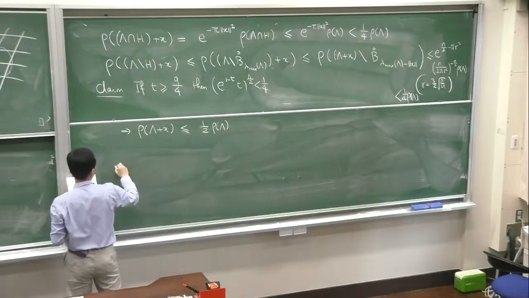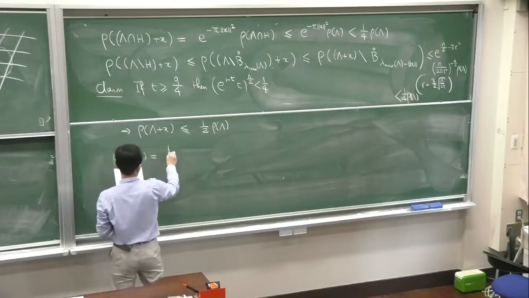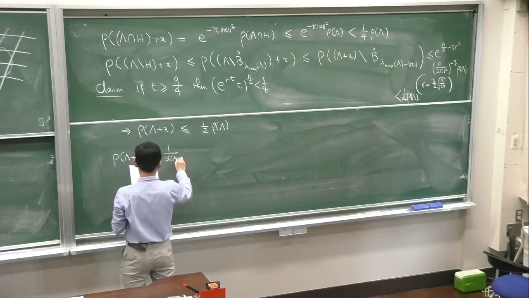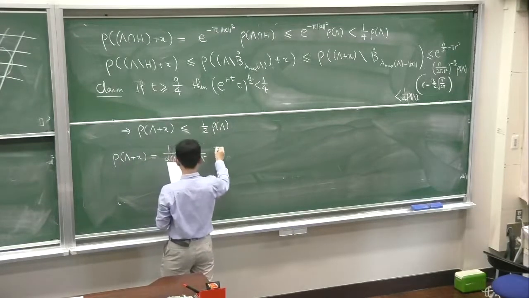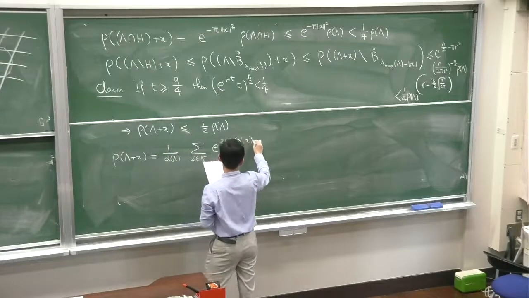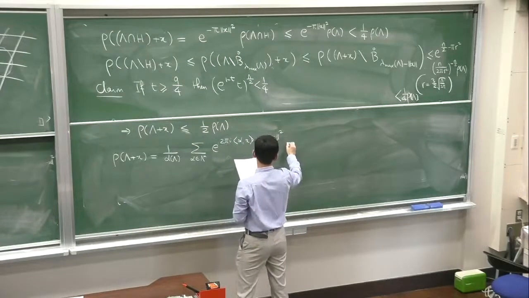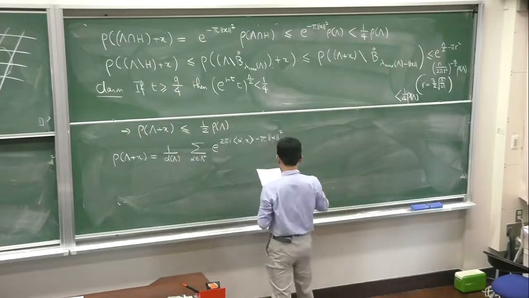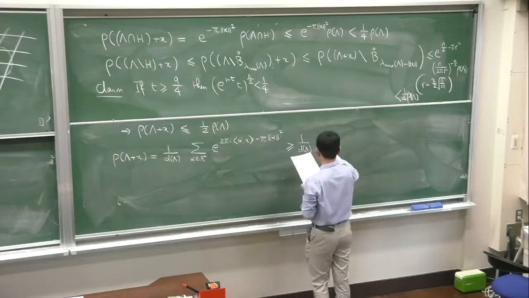So you have another way to compute the same thing. So this is 1/d of lambda. So this is bounded from below by 1/d of lambda.